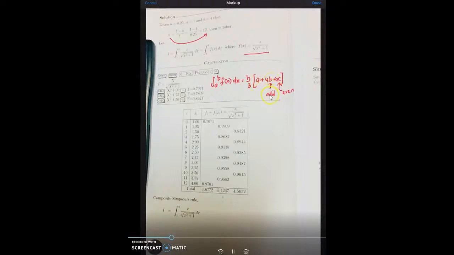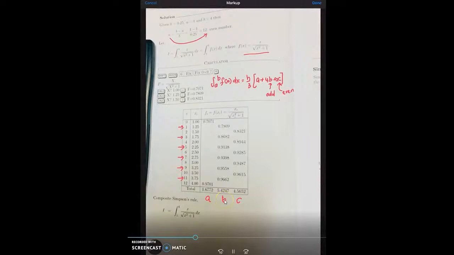The difference from the trapezoidal rule is that the trapezoidal divides the data into one sub-interval, but here you divide into two sub-intervals. So you create A, B, and C. A is f0 plus fn. B is the summation of fi, where i is an odd value.